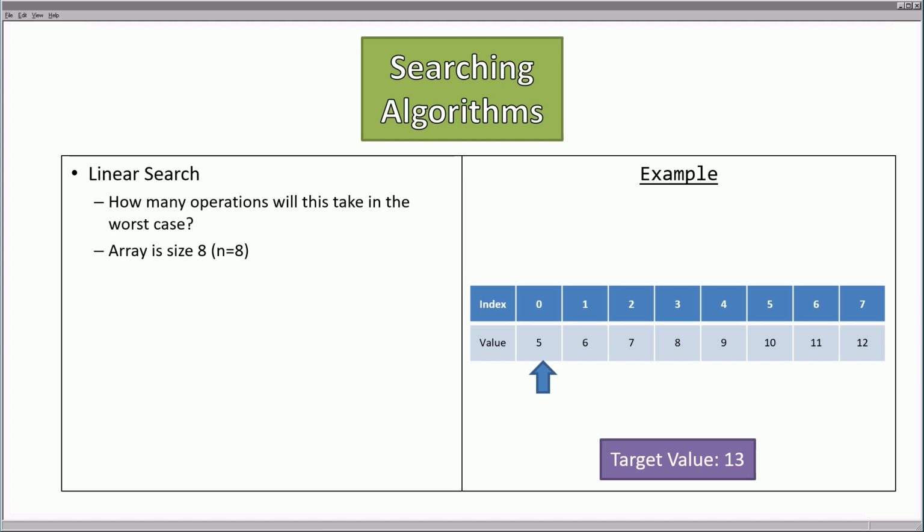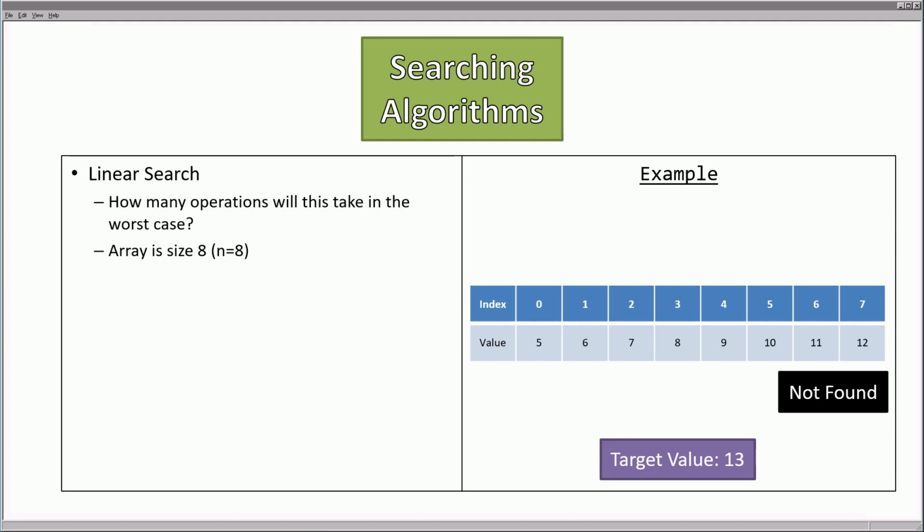Now, in order to confirm this, what we have to do is check every single value. So 5 isn't 13, 6 isn't 13, 7 is not, 8 is not, 9 is not, 10 is not, 11 is not, 12 is not. Now we're outside the array and it's not found. If we assume in this example the array size is 8, that means our input is 8.